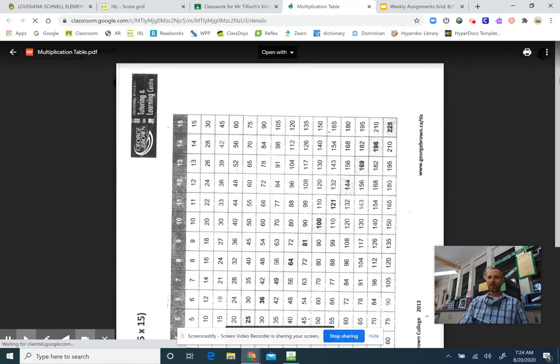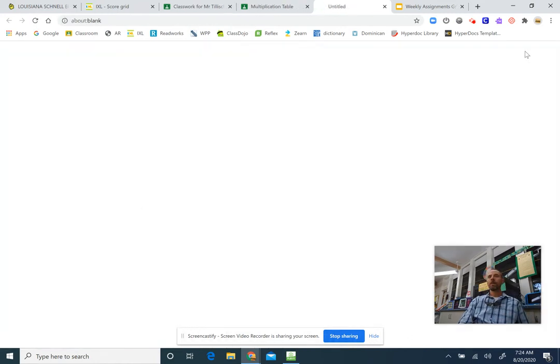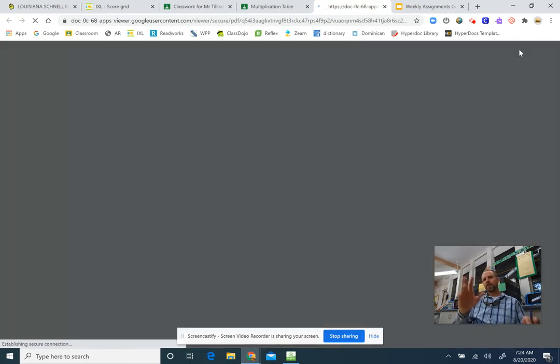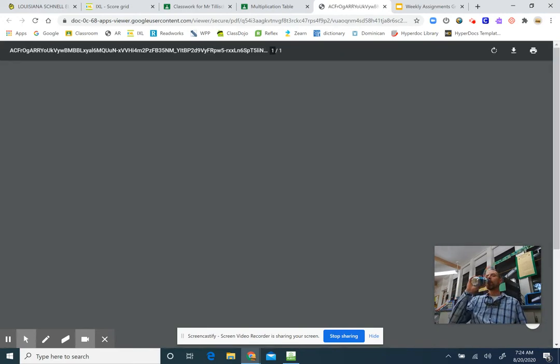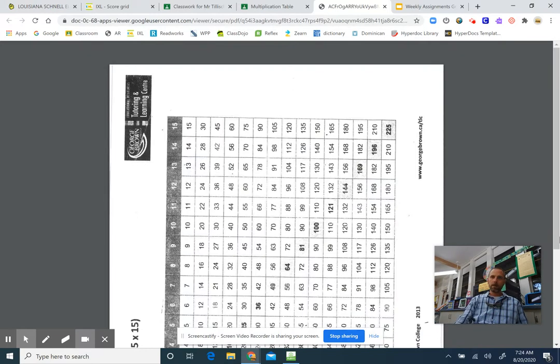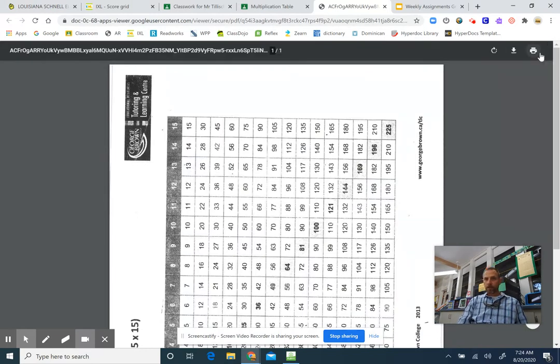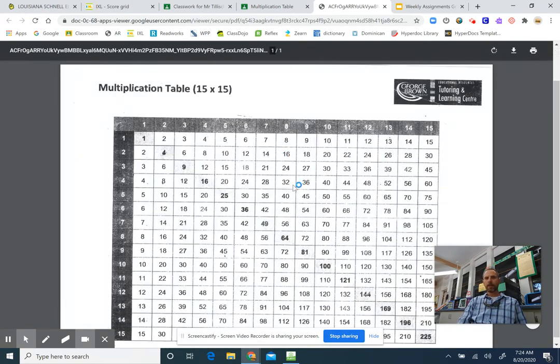So if I hit my little print button over here on the right-hand side of my screen, I'm not going to be printing anything. It just gives me an opportunity to rotate that photo so that it is facing the correct direction, as if it was sitting on your desk in front of you. If I hover over next to this print icon, right here we have this half circle. I can click on that half circle and it will rotate my multiplication table.